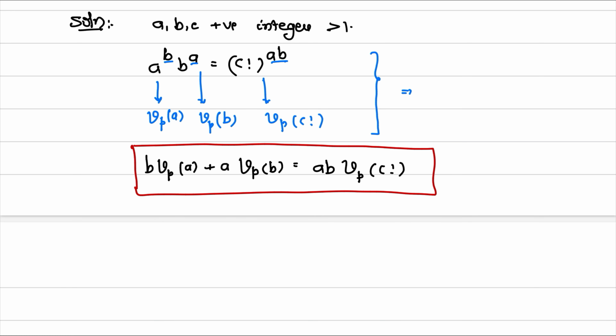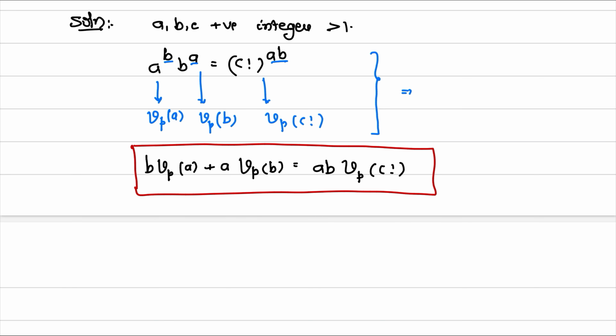Once we got this step, that B into VP of A plus A into VP of B is equal to AB into VP of C factorial, then that implies, when you divide the left hand side by AB, VP of A divided by A plus VP of B divided by A is equal to VP of C factorial.